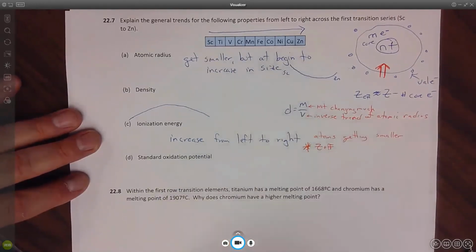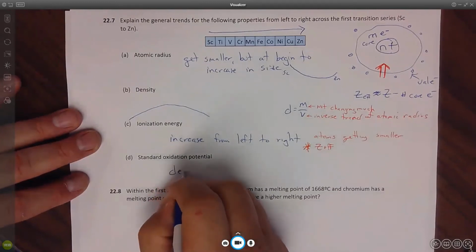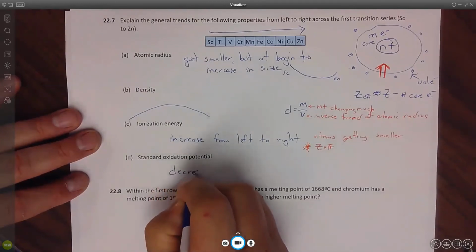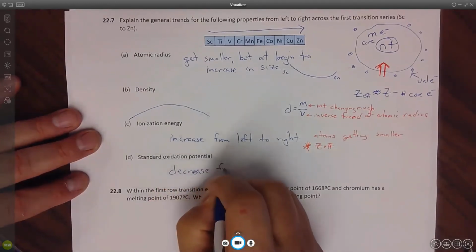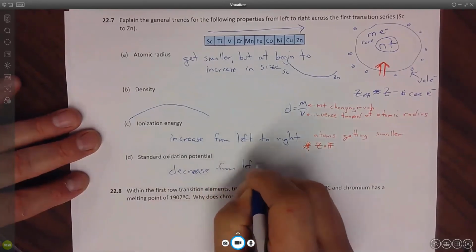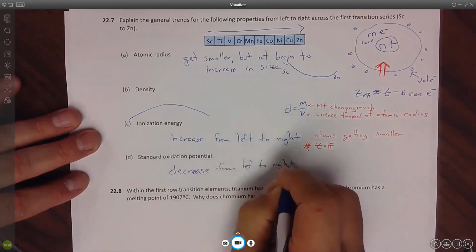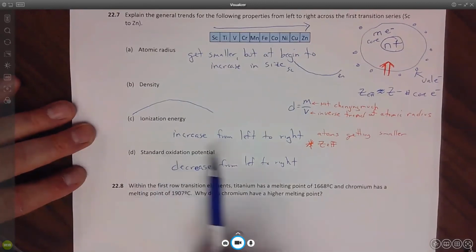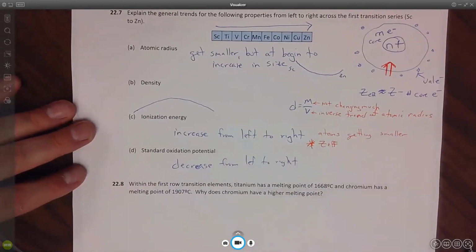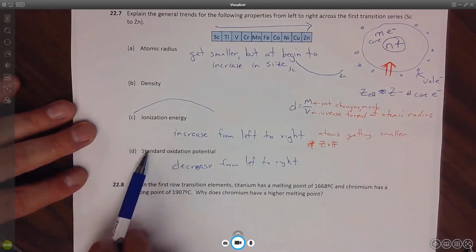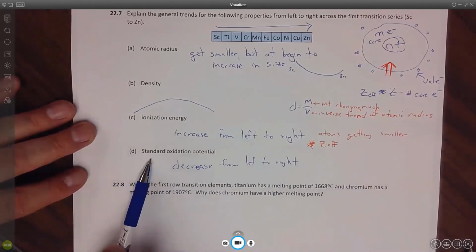So it is going to decrease from left to right. And again, basically for the same reasons that we've seen for the ionization energy. These two are very much related to one another, just in opposite ways.